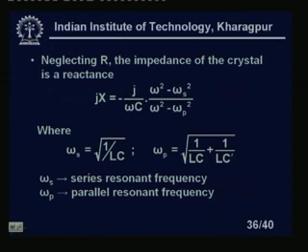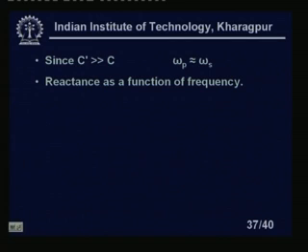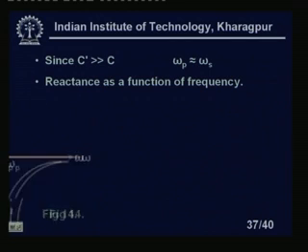Omega s is the series resonant frequency, and omega p is the parallel resonant frequency. Since C dash is much greater than C, omega p is almost equal to omega s, right.